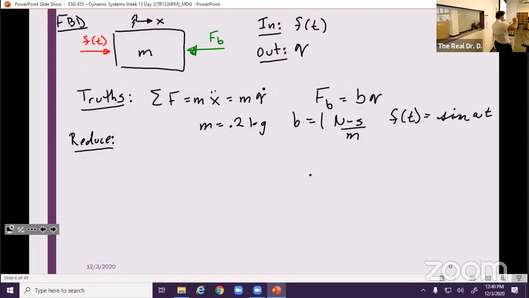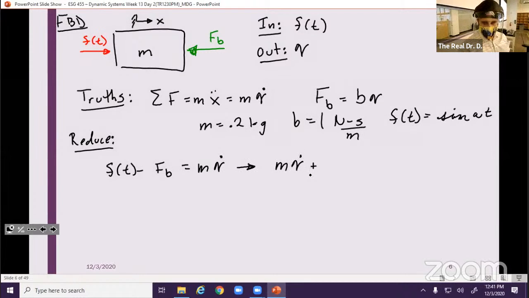That's just to have our knowns there. And we can sum our forces. We're going to have F of T minus F of B, F sub B is equal to m v dot, or m v dot plus b v is equal to F of T.